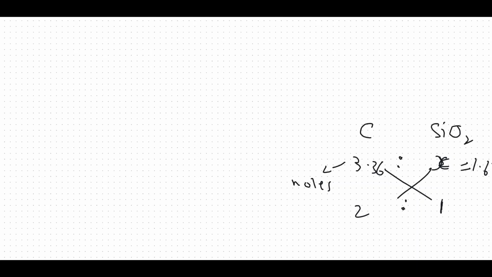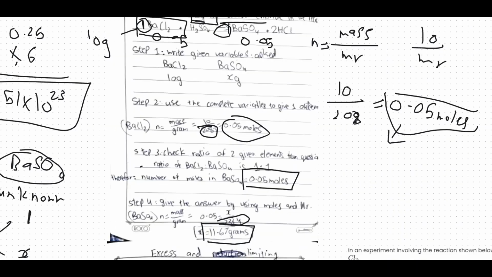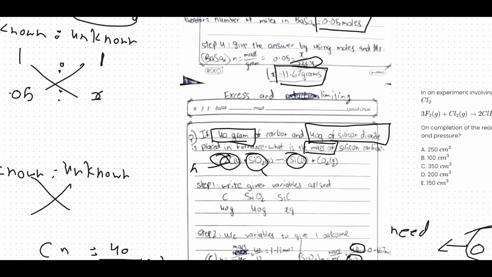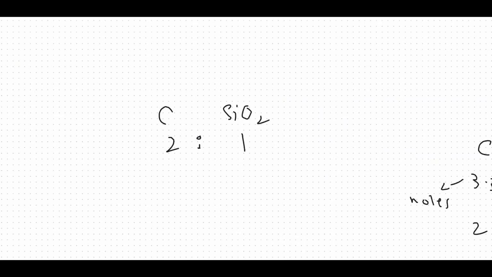In this case, I'll write the coefficients: of carbon, and then of silicon dioxide, in this equation right here. In this equation, I had 2 moles of carbon and 1 mole of SiO2.